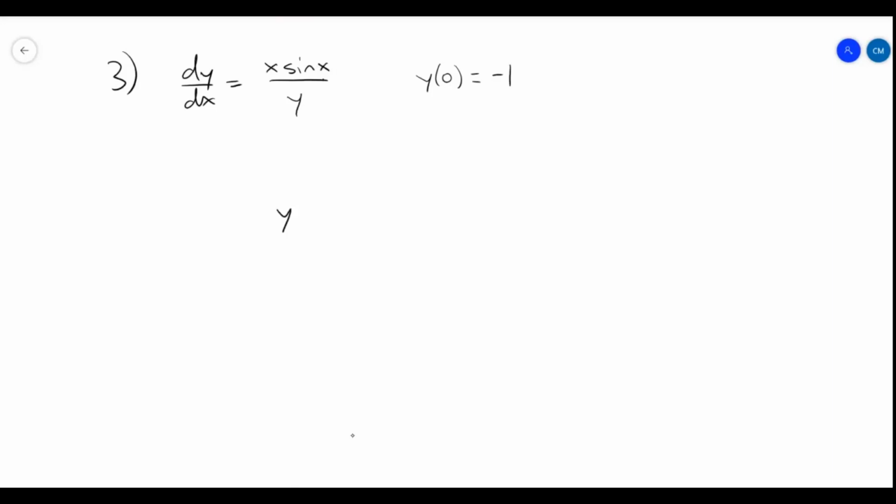So yeah, we'll get y dy is equal to x sine x. And then we integrate both sides. Right side again is going to require the integration by parts. So u is equal to x, dv is equal to sine x dx, du is dx, and v is equal to negative cosine.